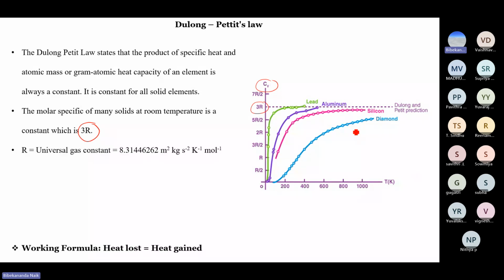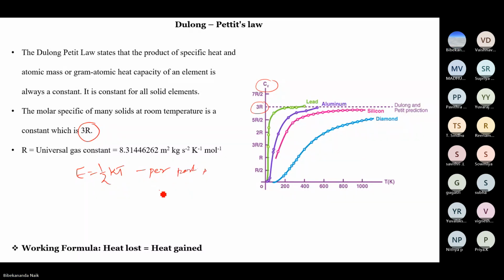If you talk about the law of equipartition of energy, according to this law, the energy per particle per degree of freedom is given by half kT.